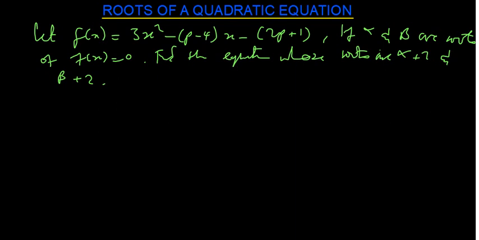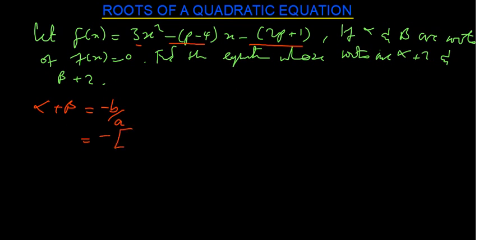Remember, the first thing that we need to find is alpha plus beta of the equation that we've been given, and we know that alpha plus beta is negative b over a. This is a, this is b, and that's our c.